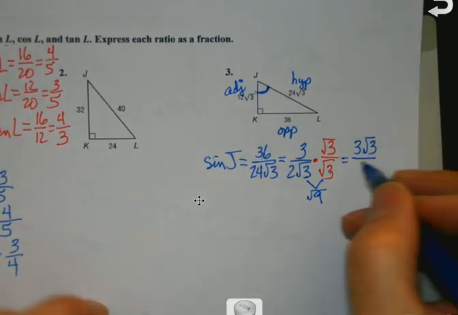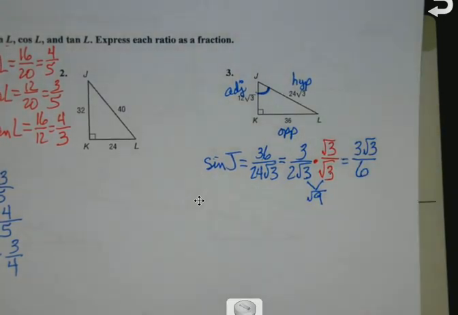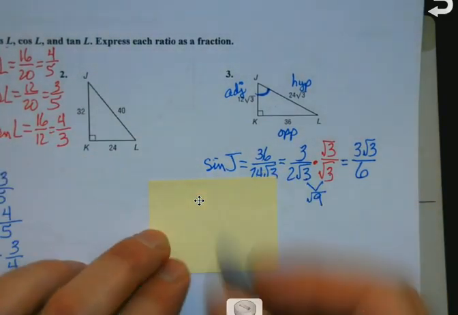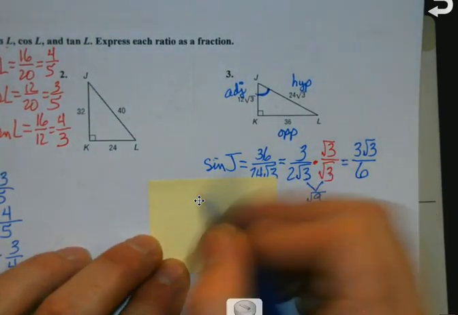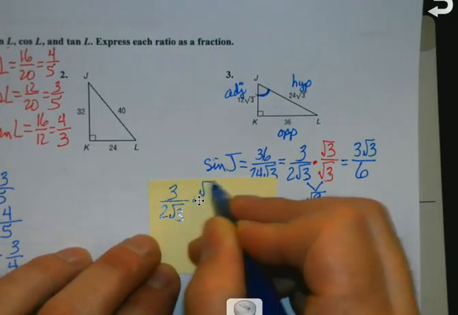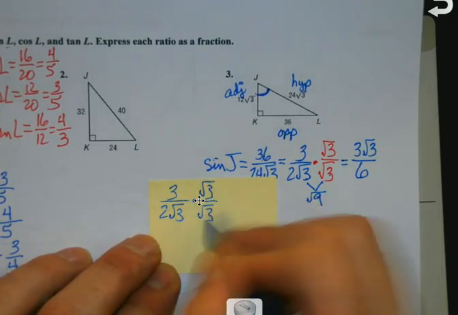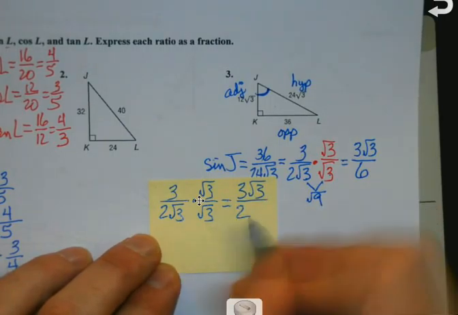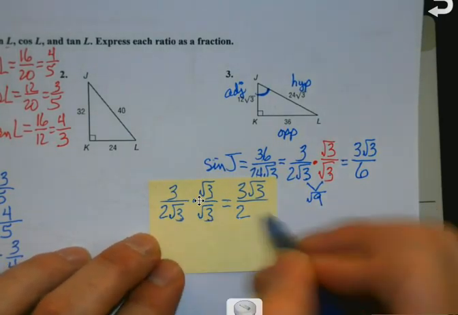Now some of you may be looking at that going, wait, what crazy mathematical thing did you just try and pull there? Okay. So let's come back to this for just a second. Let me try to not do it all in one step like I did there. Let's do it this way. When I'm multiplying things that are under the radical, I can multiply them together. 3 times 3 is 9.